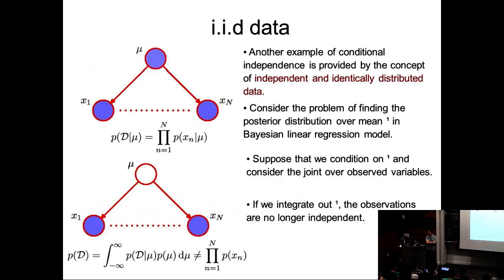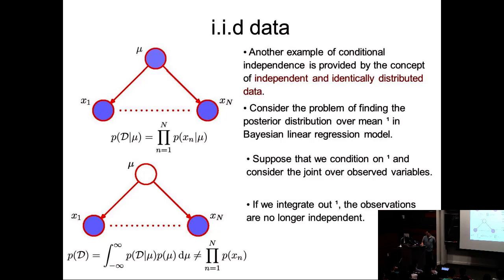So for example, here's an example of the conditional independence provided by the concept of IID distributed data. In this particular case, let's say I condition on mu. If I condition on mu, then this data set decomposes. Given mu, all of these things become independent.